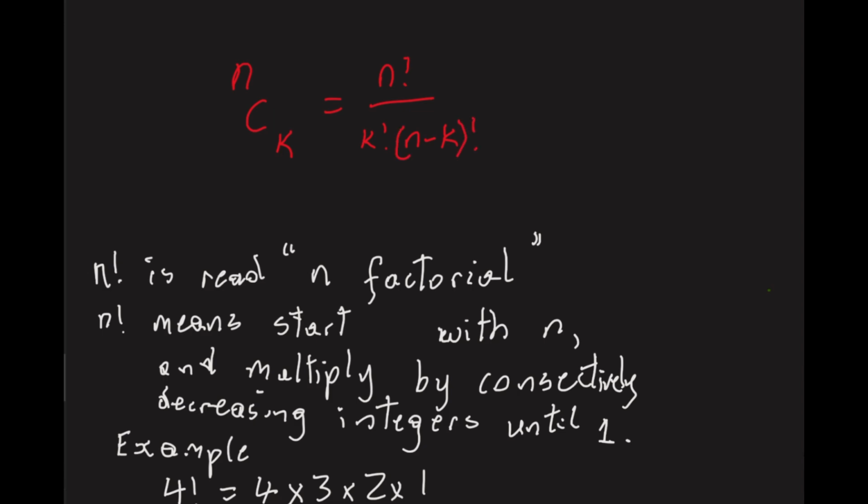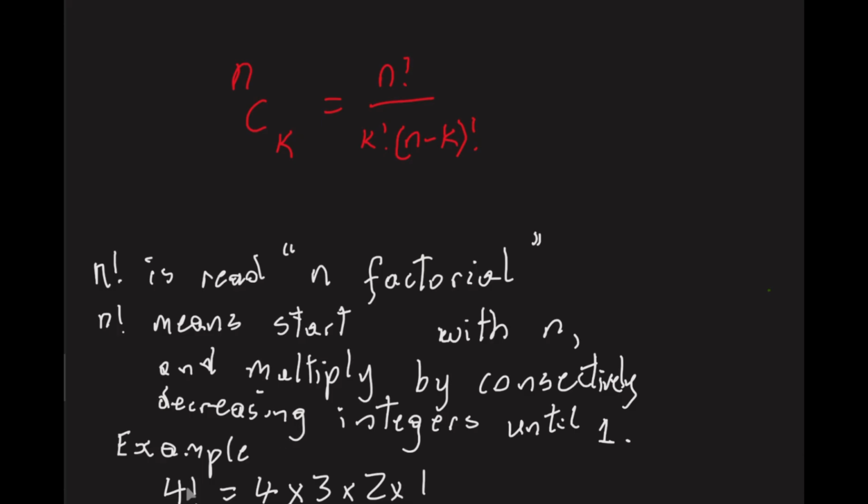Let's talk about what factorial means, just the definition of factorial. So n with this little exclamation sign is read n factorial. It means you're starting with n, and you're going to be multiplying by the next number below it, and the next number below it, and the next number below it, by consecutively decreasing integers until we stop at 1.